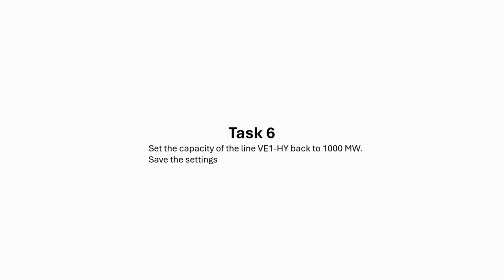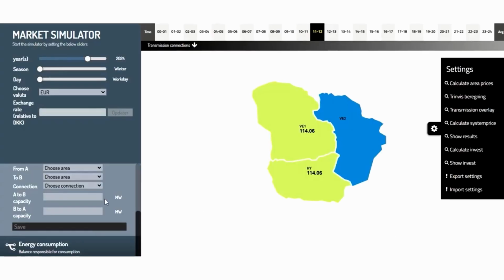In task number 6, I should set the capacity of the line V1HI back to 1000 megawatt, and then I should save the settings. So let us go back to the Power Market Simulator. Here I set the capacity of the line here back to 1000 megawatt.